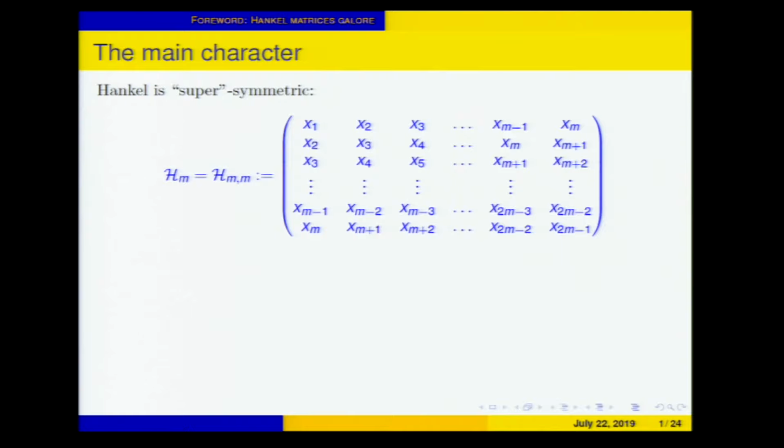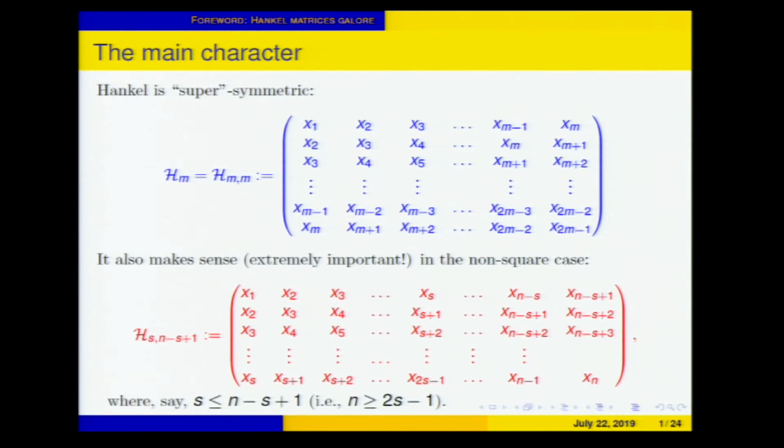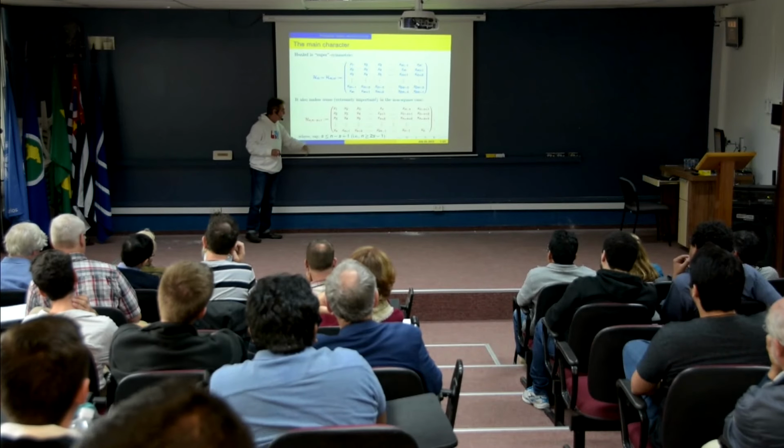Along the entire diagonals it is the same. But it's also important to have the not necessarily square model, and it goes the same way. I'm going to keep this notation where the number of rows is always at most the number of columns.